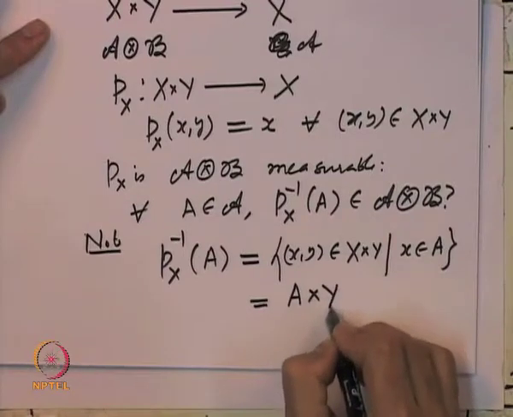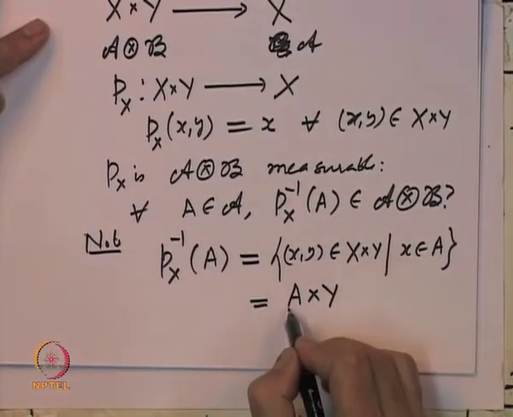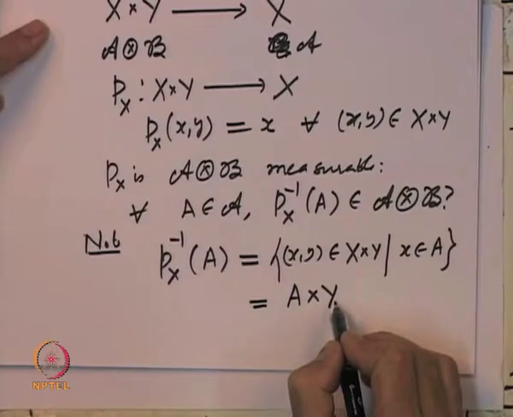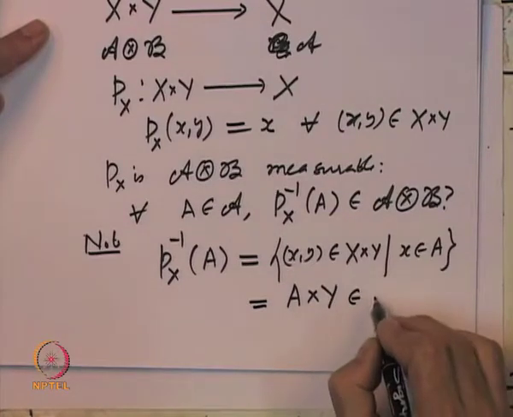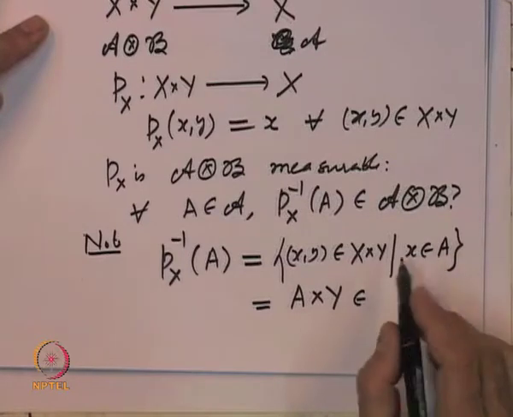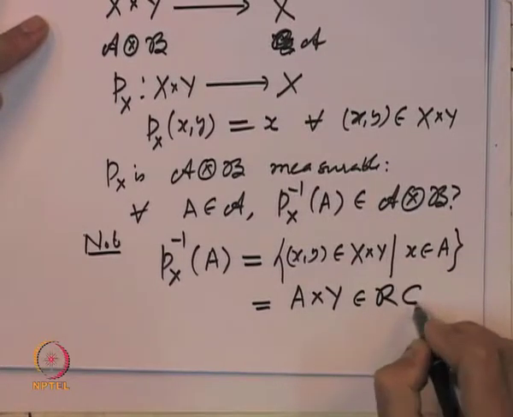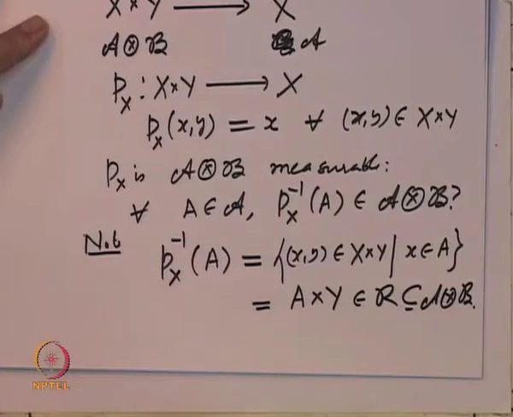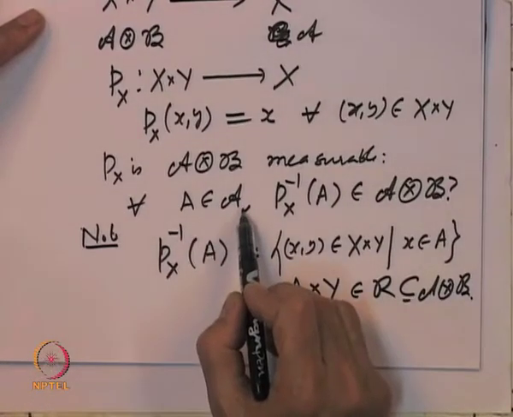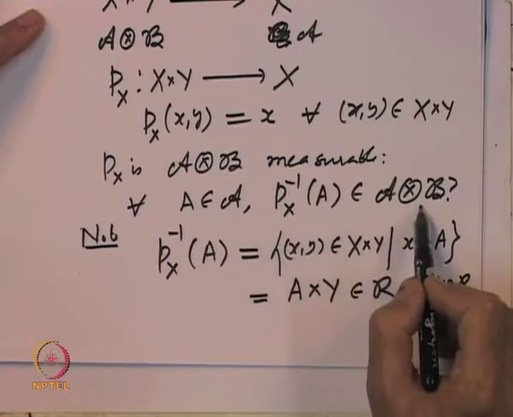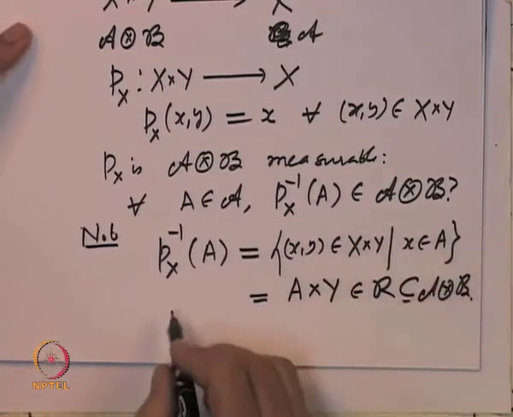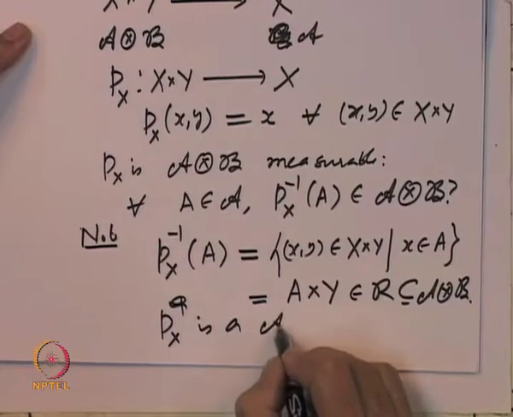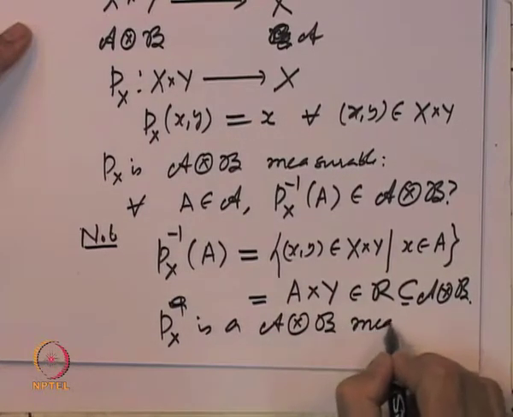So, this is A cross Y, just the set A cross Y, and A belongs to the sigma algebra A and the set Y belongs to the sigma algebra B. So, this is actually a rectangle, which generates the sigma algebra A times B. So, that shows that the inverse image of every set in the sigma algebra A under P_x is in the product sigma algebra A times B. So, that shows that P_x is an A times B measurable map.